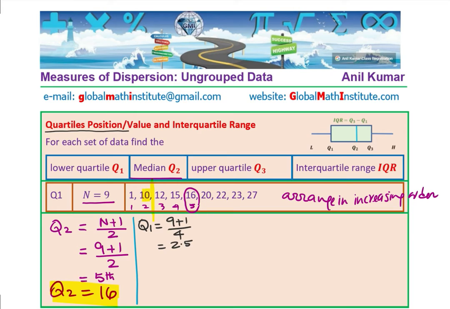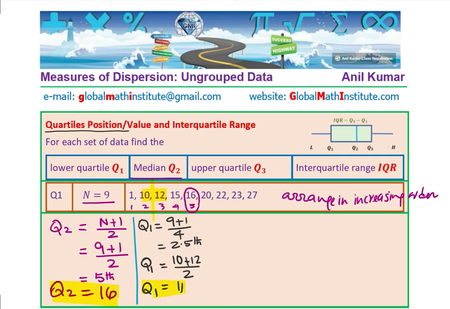So as we decided, between 10 and 12. So the value is what? So this is the 2.5th position. Do you understand? The value is add them and divide by 2. 10 plus 12 divided by 2. So the value is 11, right?